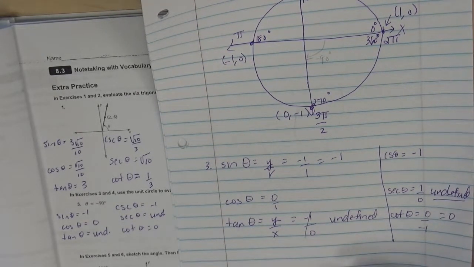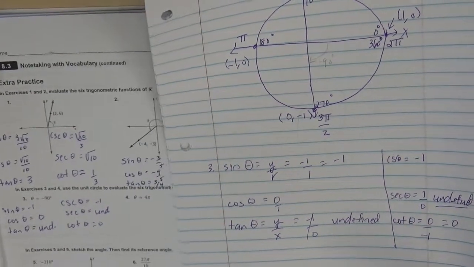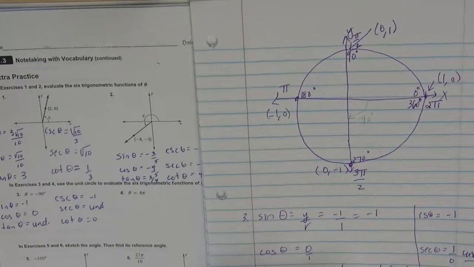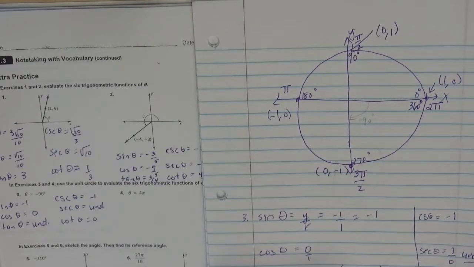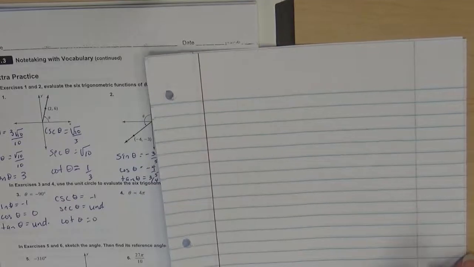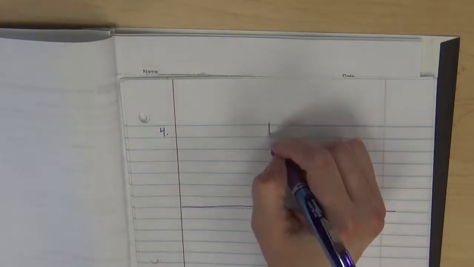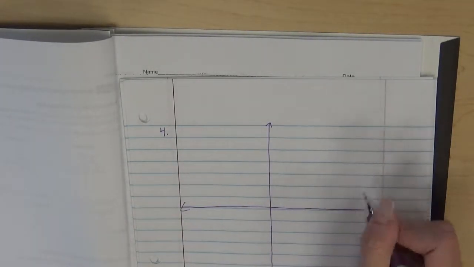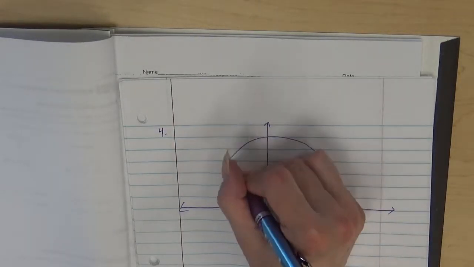And then let's look at number 4. So in number 4 we have theta equals 4 pi. Okay, so where's 4 pi? I'll try to draw my circle as neatly as I can.